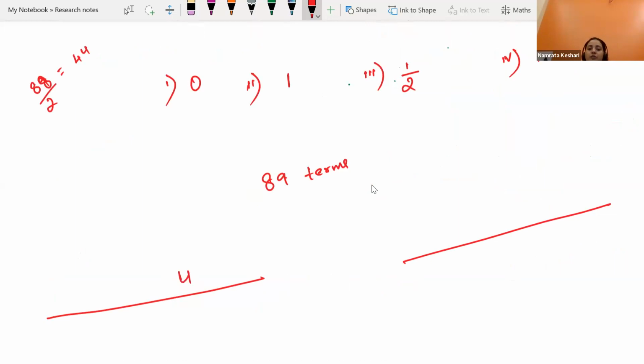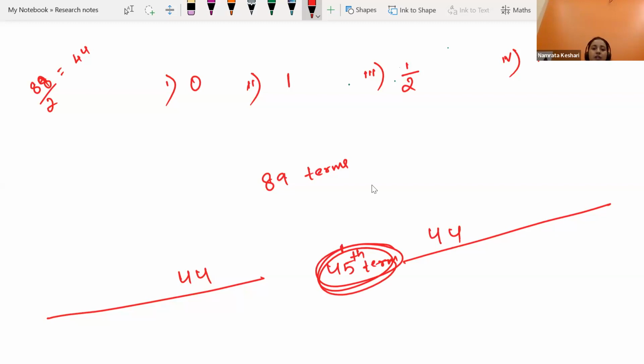So here 44, here 44, and here the 45th term. 44 plus 44, 88. And then it is just the 45th term. AP you have learned, right? So this is the 45th term, the one term which is in between.